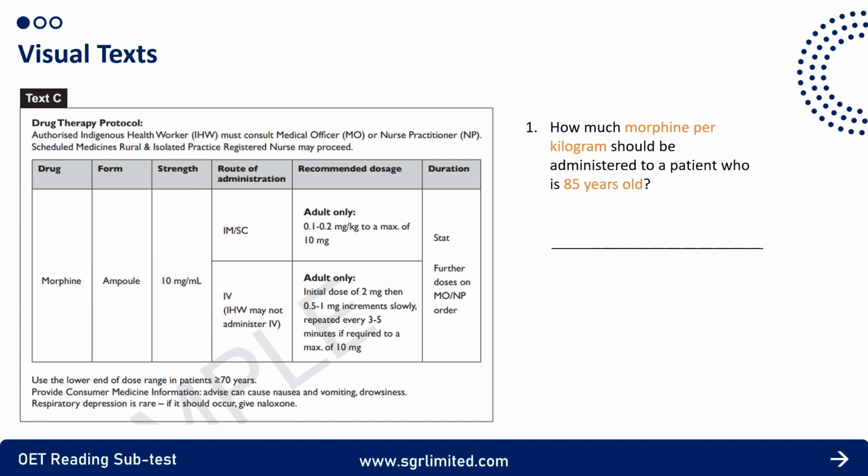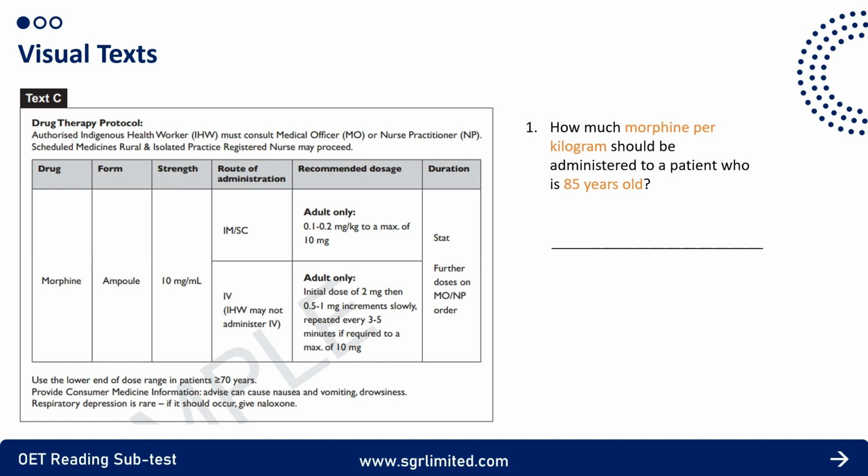which is 0.1 to 0.2 milligrams per kilogram, or there's a second dosage which says initial 2 milligrams, then 0.5 to 1 milligram. But the second dosage, or the lower dose, doesn't have the word kilogram as discussed in your question. Hence, we will consider the first range of 0.1 to 0.2 and choose the lower end.